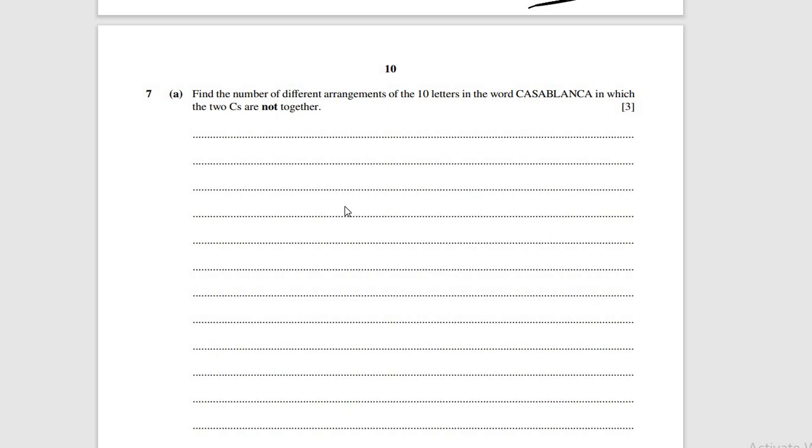The word Casablanca, from what I can see here, I have 2 C's, 4 A's, 1 S, 1 B, 1 L, and 1 N.